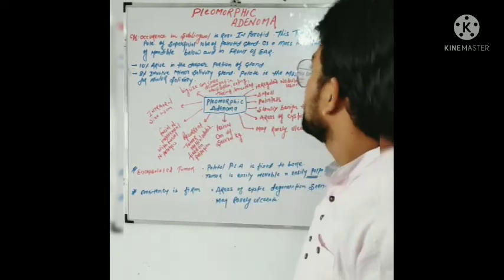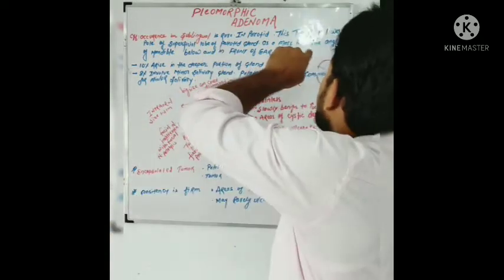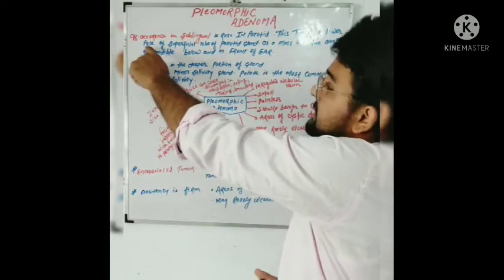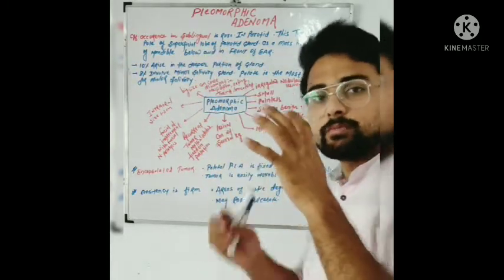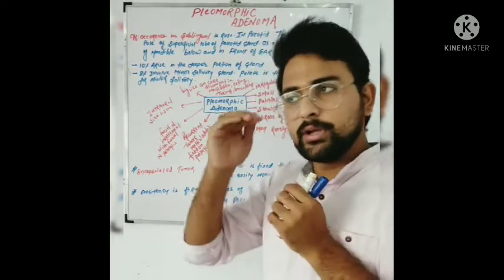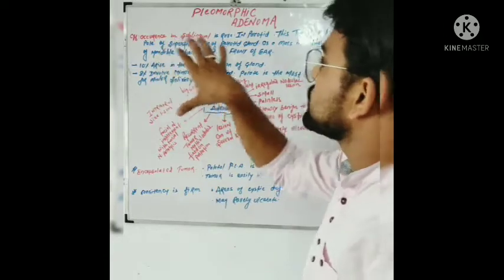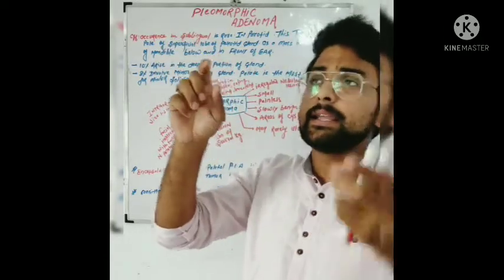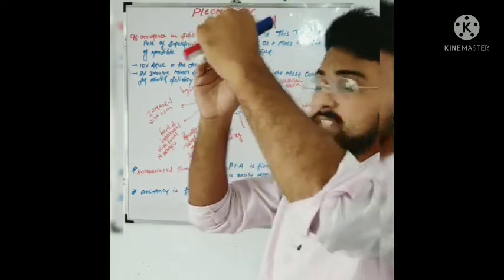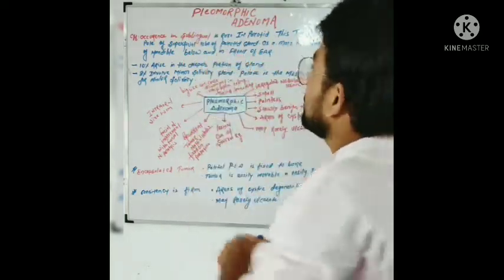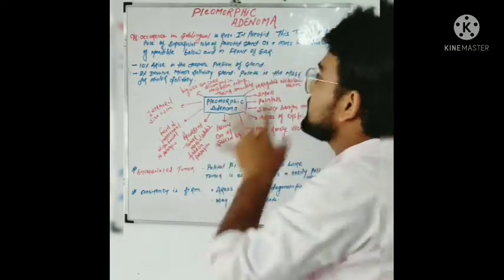In the parotid, this tumor is very common, and it is in the lower pole of the superficial lobe. You know the parotid gland has two lobes, the superficial lobe and the deep lobe. So in the lower pole of the superficial lobe this tumor can be found as a mass.